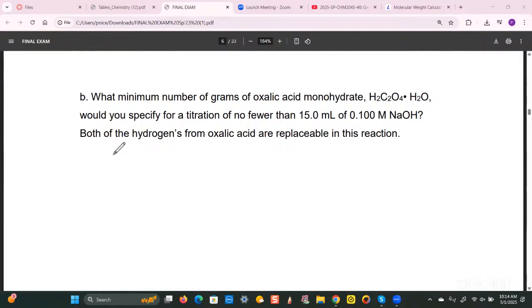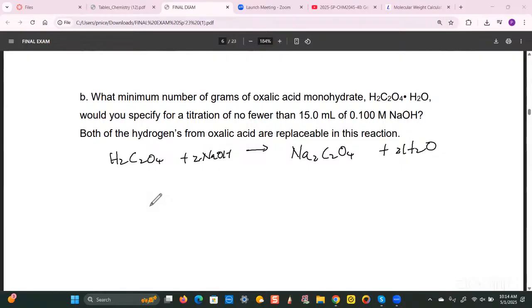The reaction is between the oxalic acid and the sodium hydroxide. Because these two hydrogens will be replaced, you're going to end up with Na2C2O4 plus H2O. And then you have to balance it. To balance it, I will put a 2 here, and I will put a 2 here, and that's it, right? That's a balanced equation.